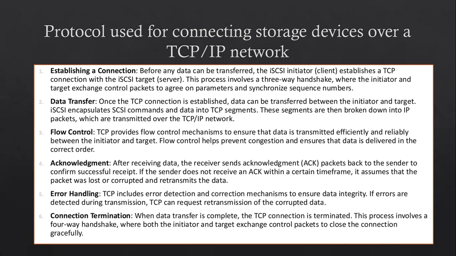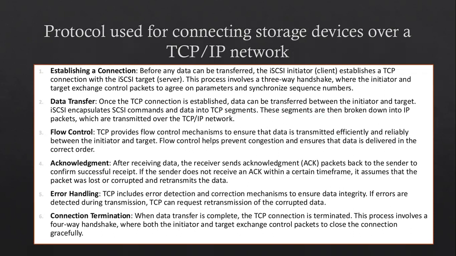If the sender does not receive an ACK within a certain time frame, it assumes that the packet was lost or corrupted and retransmits the data. Error handling. TCP includes error detection and correction mechanisms to ensure data integrity, and if errors are detected during transmission, TCP can request retransmission of the data.